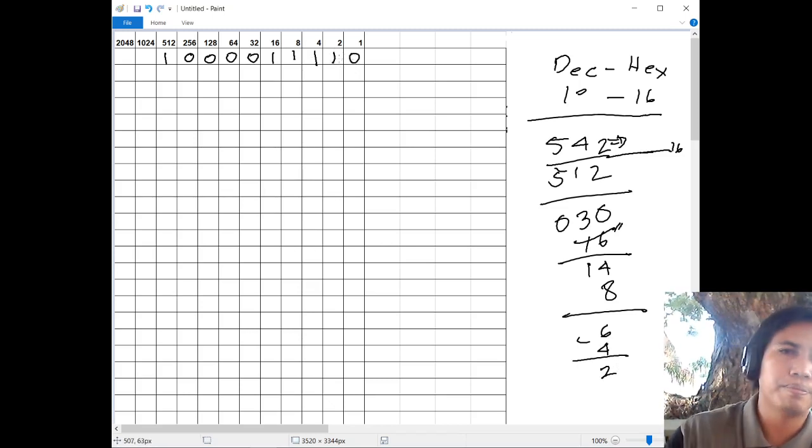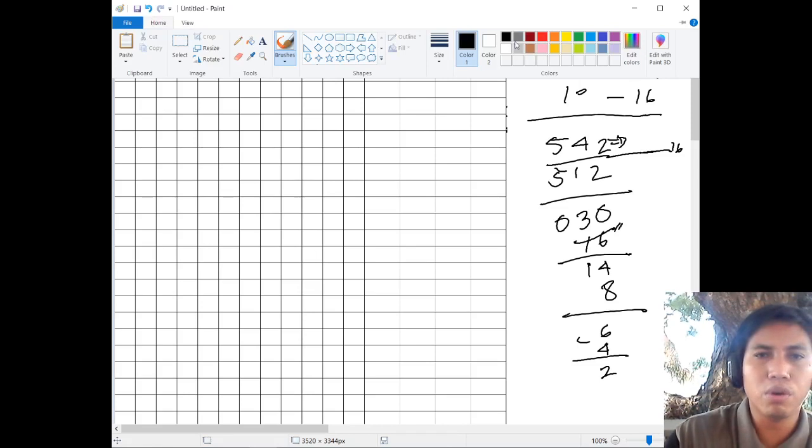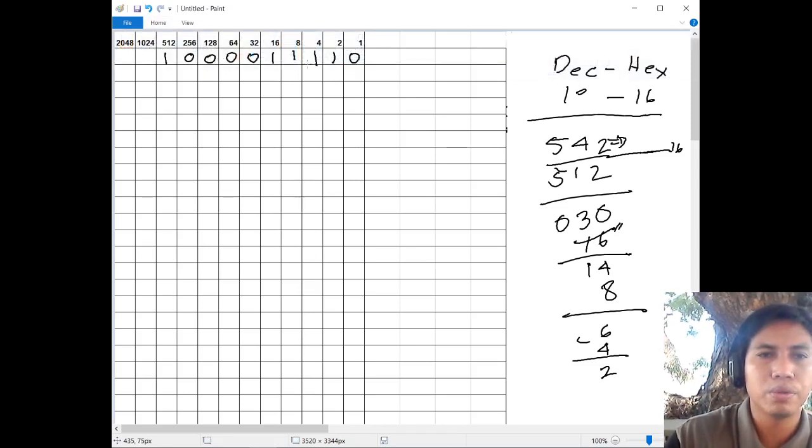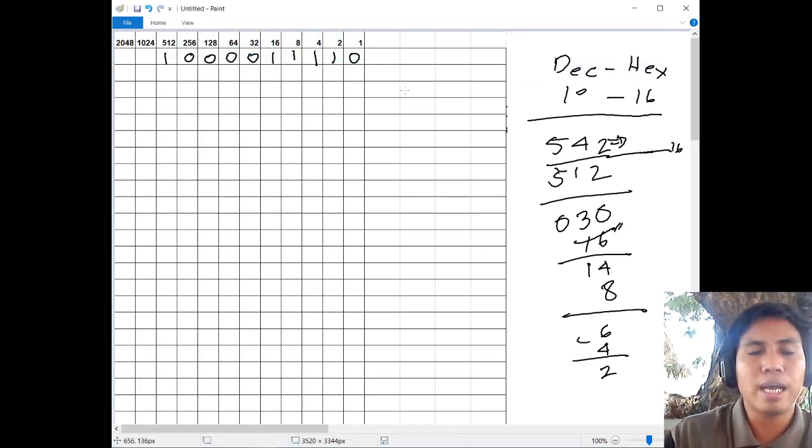Now, we need to convert that value into hexadecimal. In octal, a digit of octal is equivalent to 3 bits. Take note, a digit of octal is equivalent to 3 bits, while a digit of hexadecimal is equivalent to 4 bits.